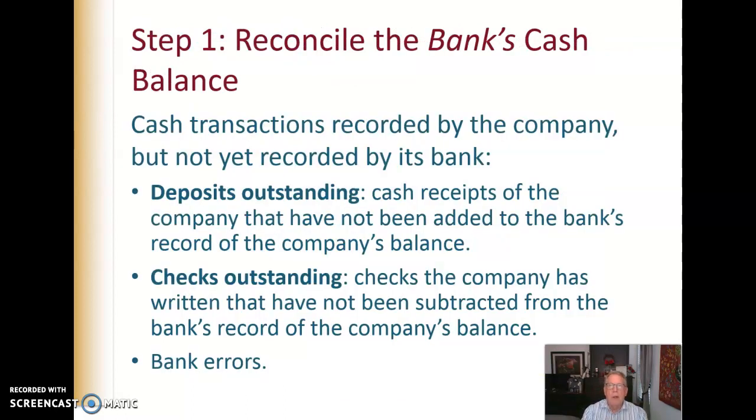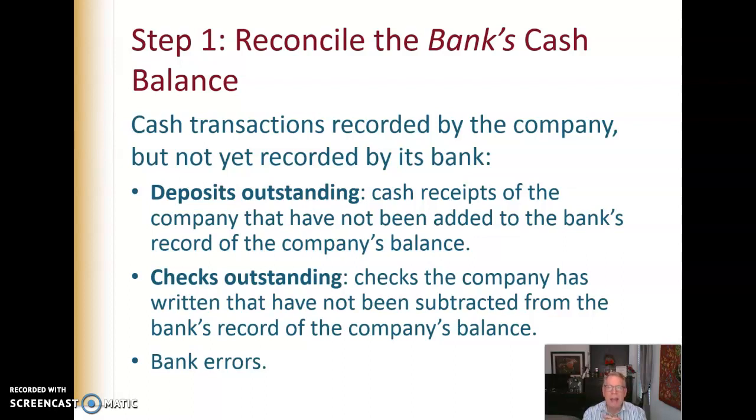All right, so we're going to reconcile the bank's cash balance here. Now, always do it this way, you guys. Don't get creative. This is really easy if you do it the way I tell you here, okay? We're only going to do two things on the bank side, unless there's a bank error. We're going to have some deposits outstanding. What is that?